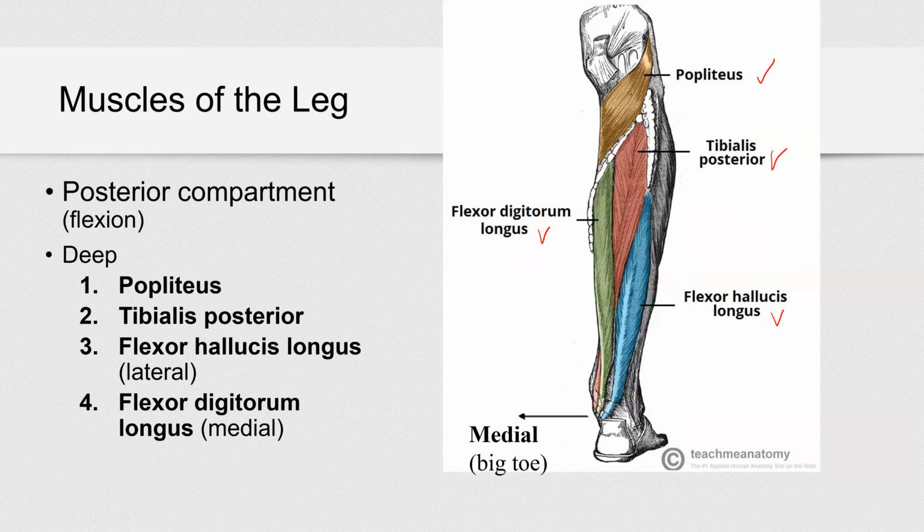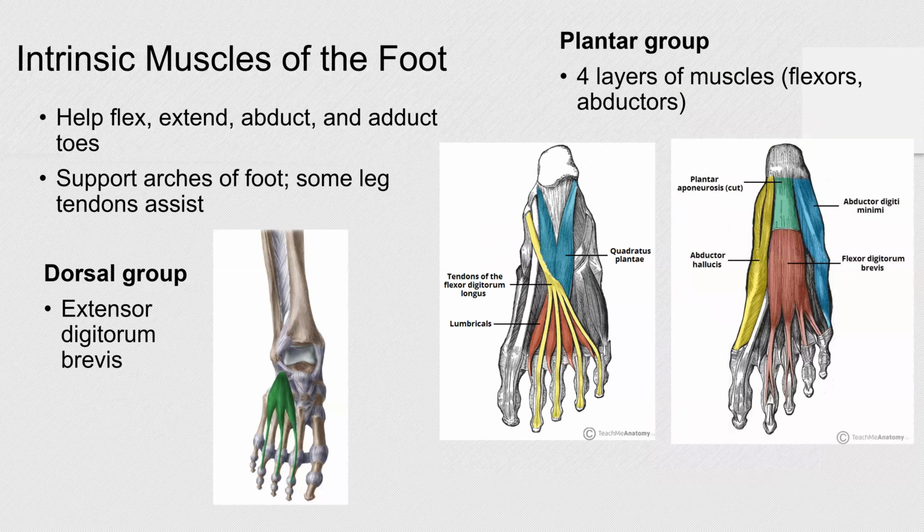When we move to the foot, we just remember that we have a dorsal group, and in the dorsal group we have extensor digitorum brevis. Remember, in the anterior compartment we have extensor digitorum longus, and this green muscle over here is extensor digitorum brevis. Now, in the plantar group, we have 4 layers of muscles. They are flexors and abductors.